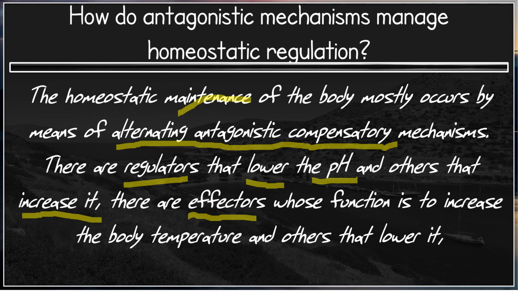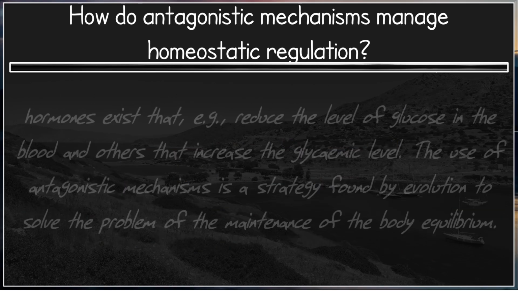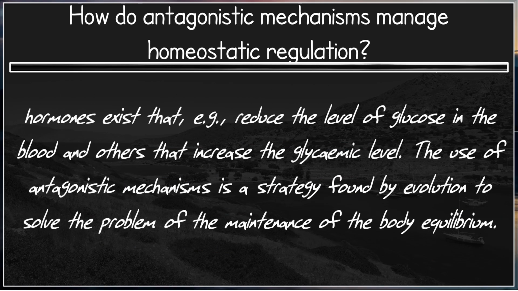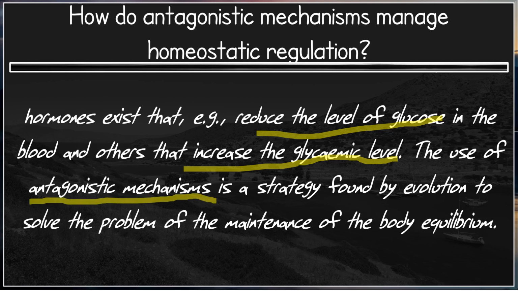There are effectors whose function is to increase the body temperature and others to lower it. Hormones exist that, for example, reduce the level of glucose in the blood, and others increase glycemic levels. The use of antagonistic mechanisms is a strategy by evolution to solve the problem of the maintenance of the body equilibrium.